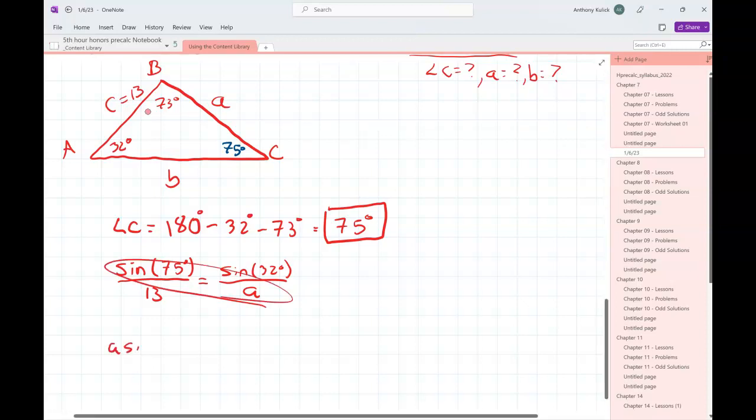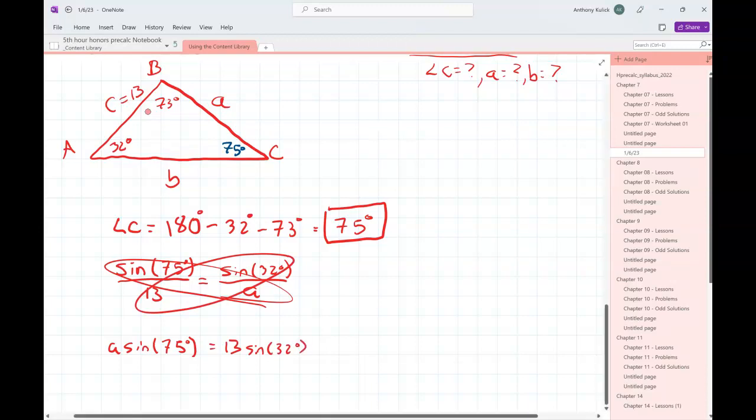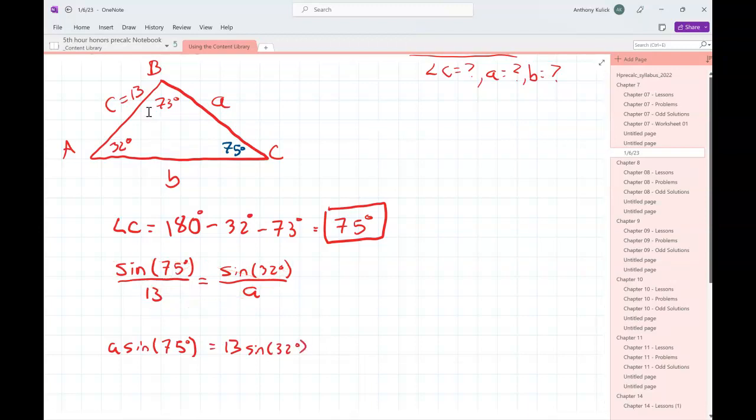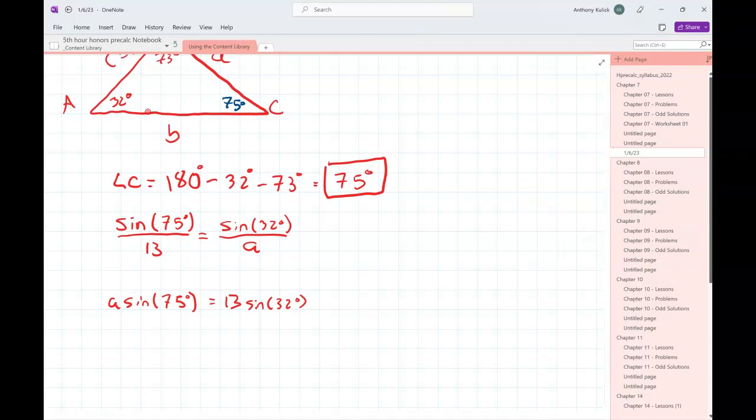So we multiply and set it equal to the other product. That all look familiar? So that's my cross multiplication. Now I just need to divide to get the A by itself. So what am I going to divide by? Sine 75. Very good.